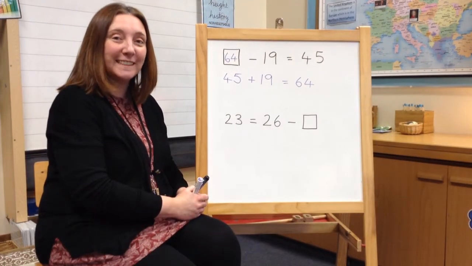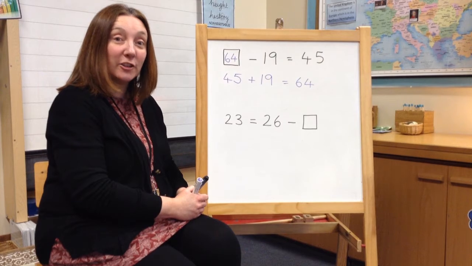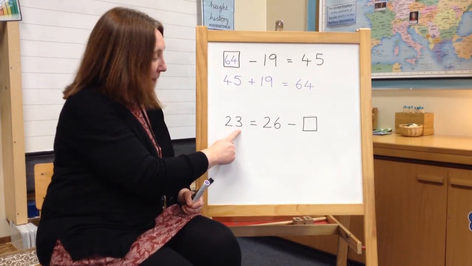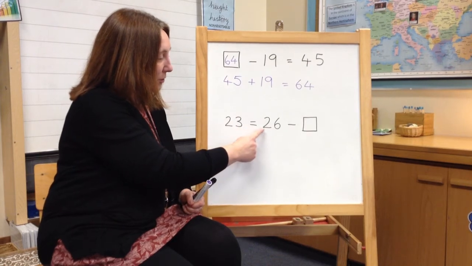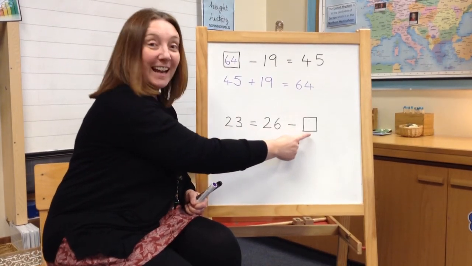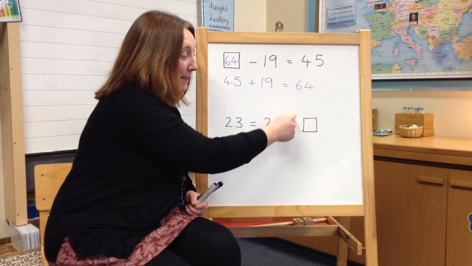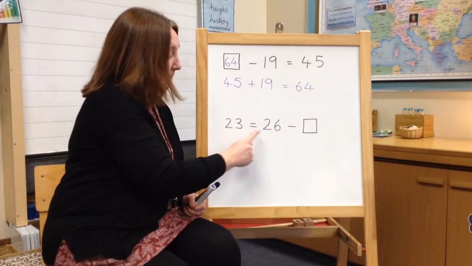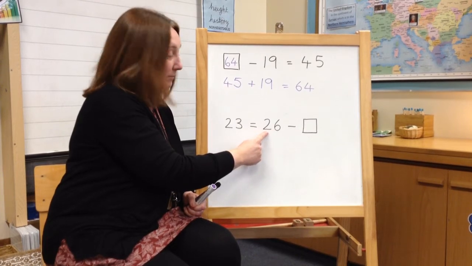Let's do one more together. It's another subtraction. We've got a difference at the start this time. 23 equals 26, subtract something. The missing part now is a subtrahend. We've got the difference and we've got the minuend.